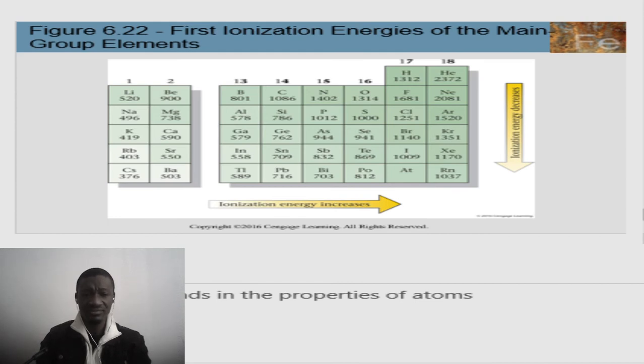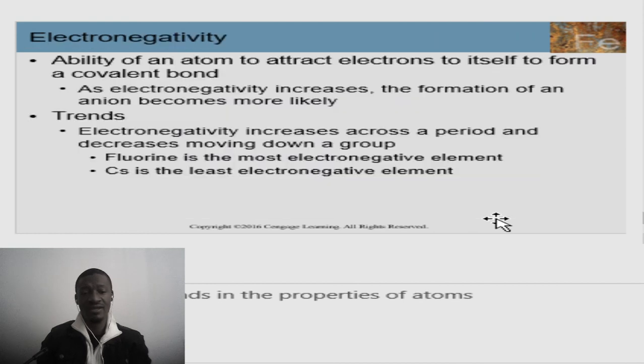So with that in mind, we had said that you have a decrease in this direction and an increase in this direction. So now we're tackling the last one, which is electronegativity.